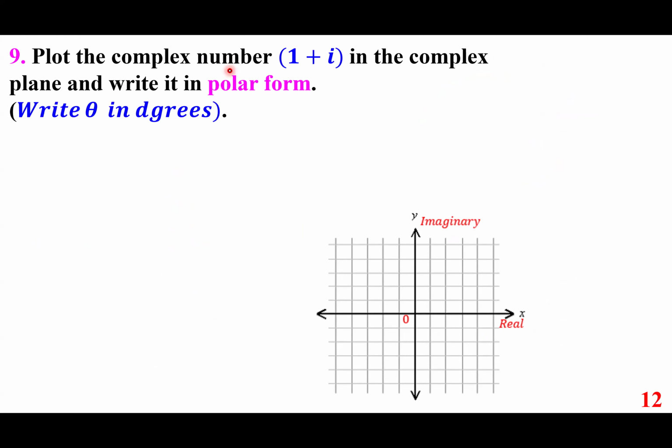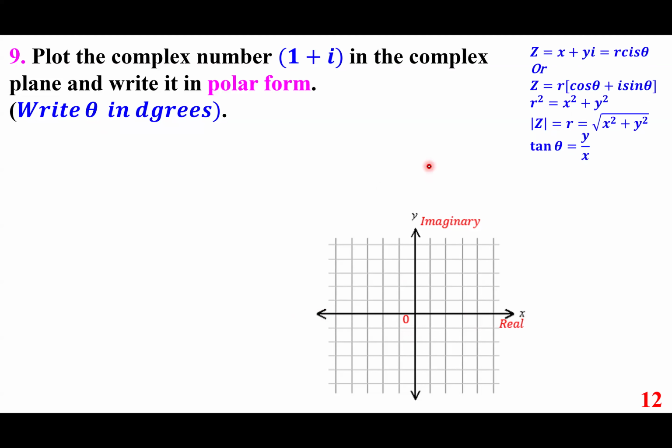Plot the complex number 1 plus i in the complex plane and write it in polar form, write theta in degrees. So here's the grid. This is the real axis, the x-axis. Here's the imaginary axis, the y-axis. And reminding you, z equals x plus yi. That's the same as a plus bi we have been dealing with.